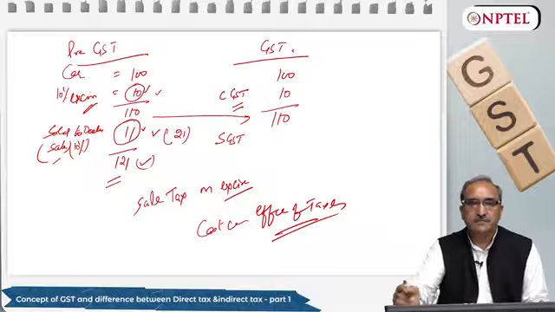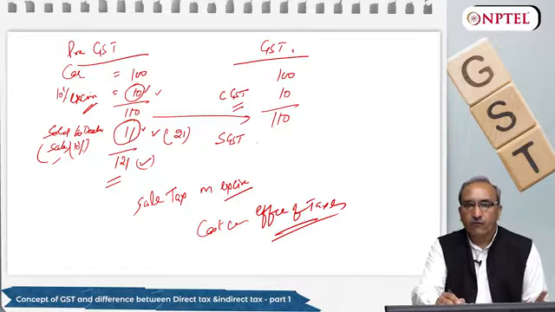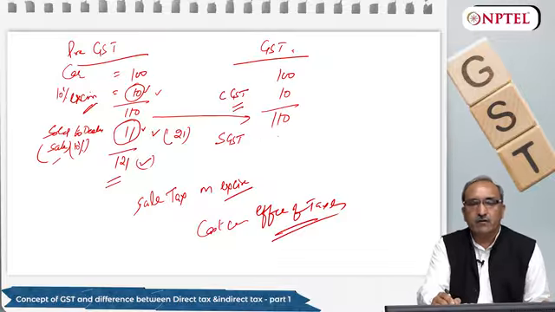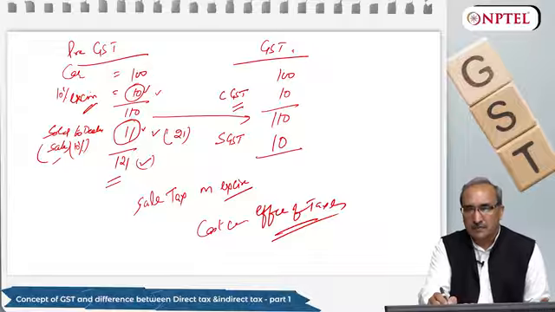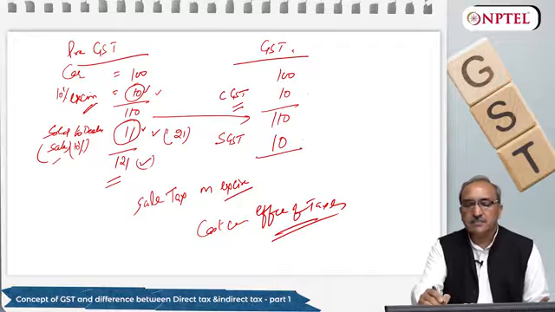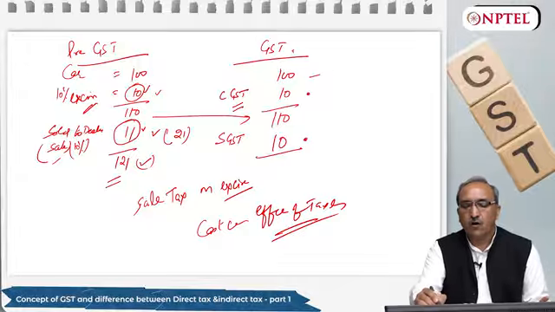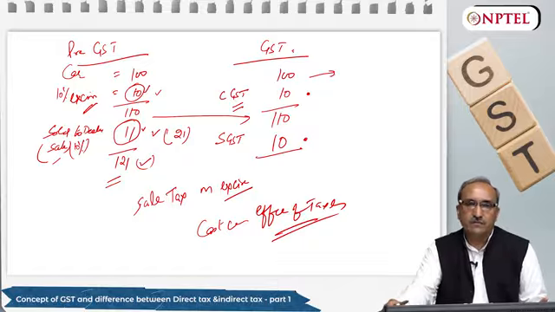In GST, it says we will not pay sales tax on excise. So when I calculate sales tax or state GST, it will be 10 rupees, not 11 rupees. GST says CGST as well as SGST will be worked out on the same price, which is the basic price of the car.